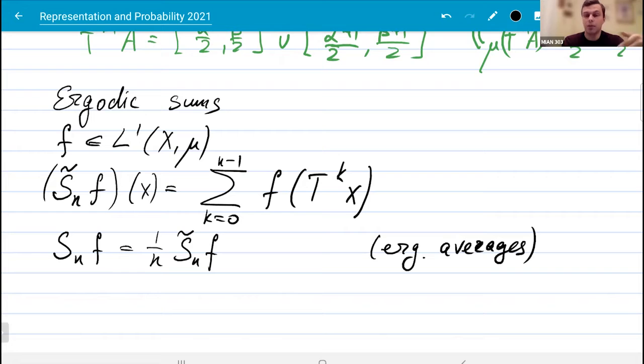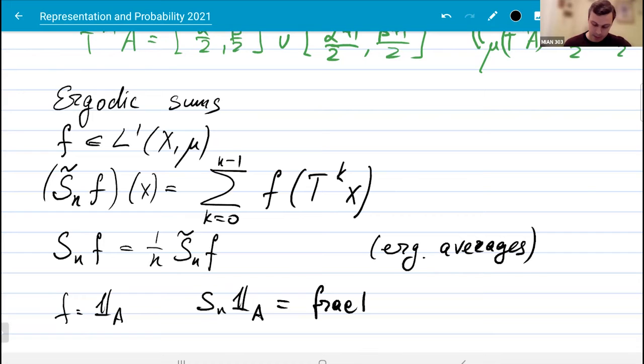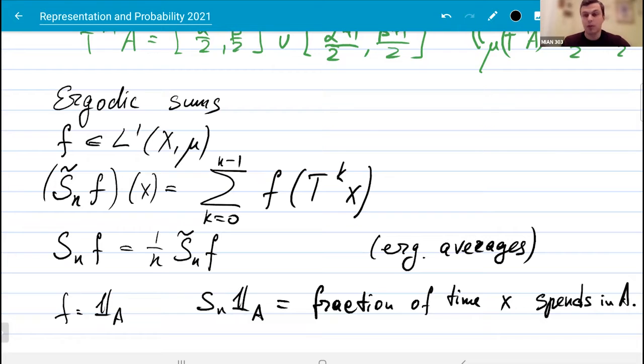For example, if your function f is just the indicator function of some set A, then S_n of this indicator function is the fraction of time that your point, or its images, belongs to this set A.